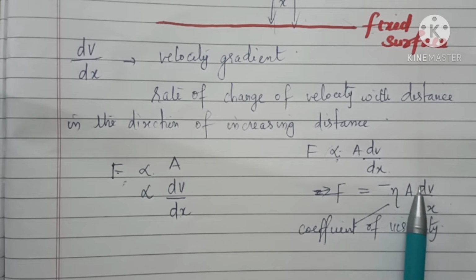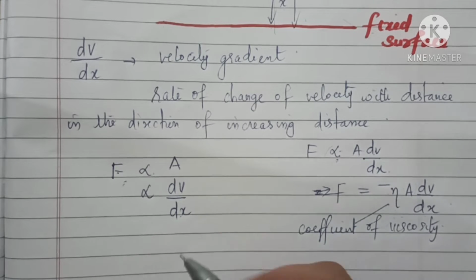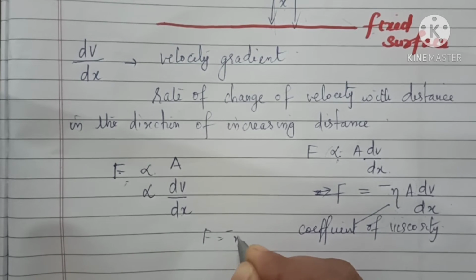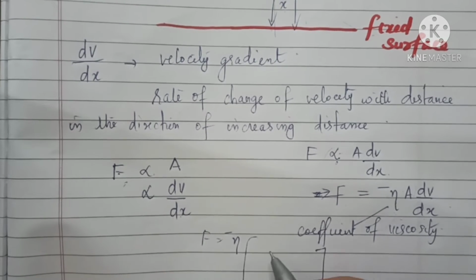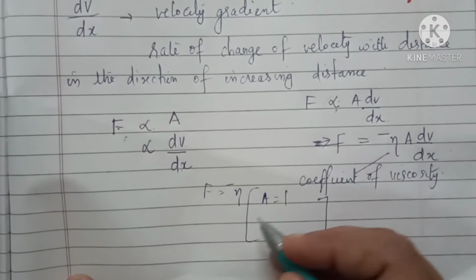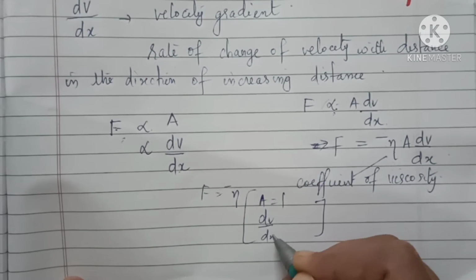The terms that are along with the constant, you put the value 1 for each physical quantity, and then you can define the constant. So if you put A and dV by dx as 1, you can write the equation as F is equal to minus eta, when A equals 1 and dV by dx is equal to 1.